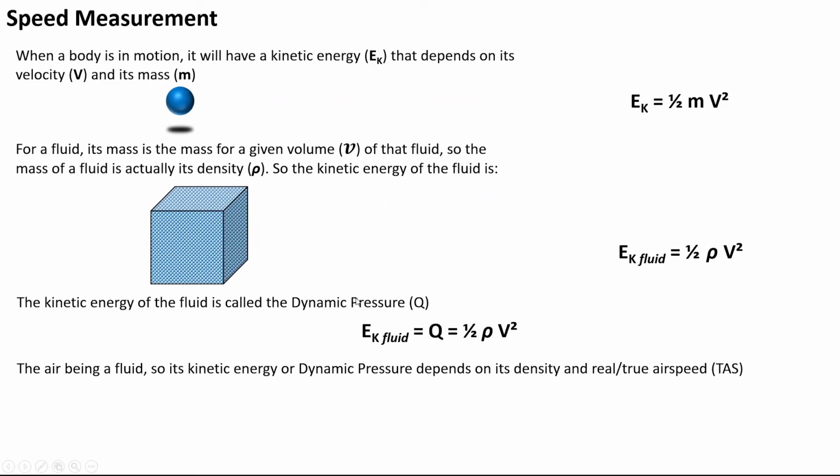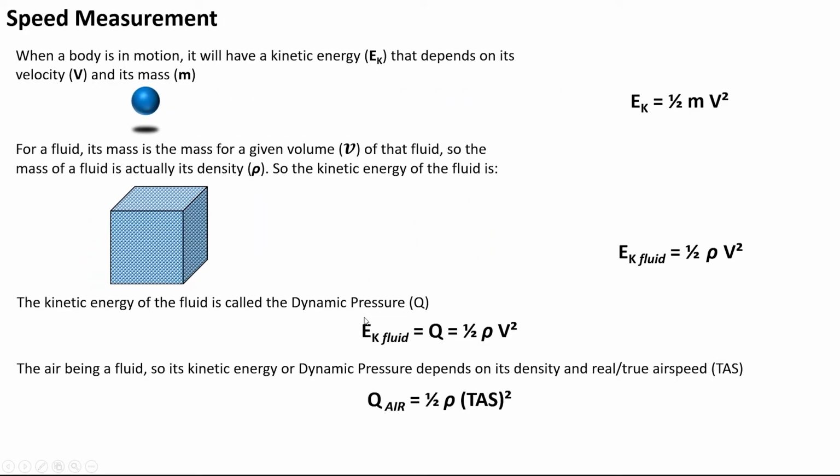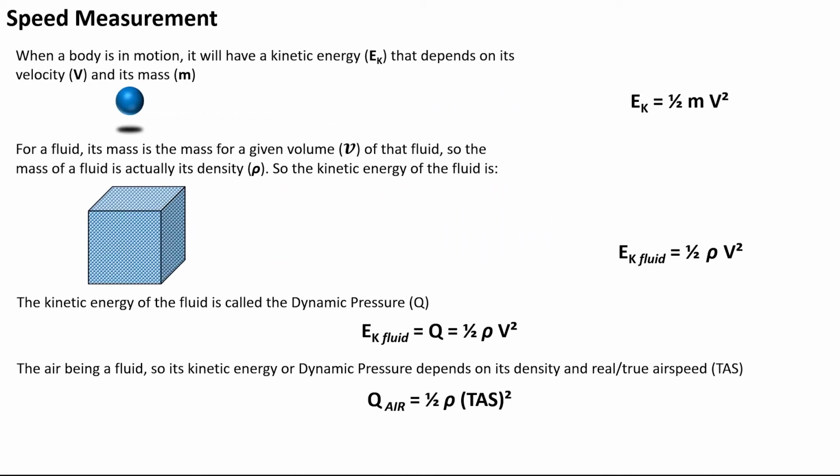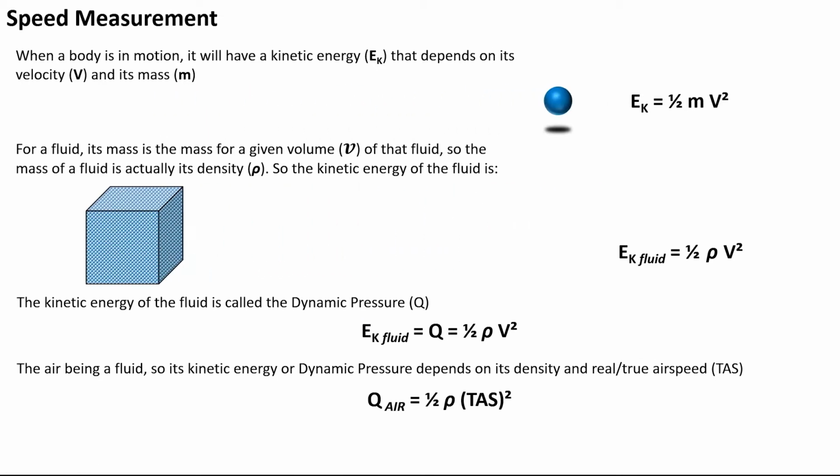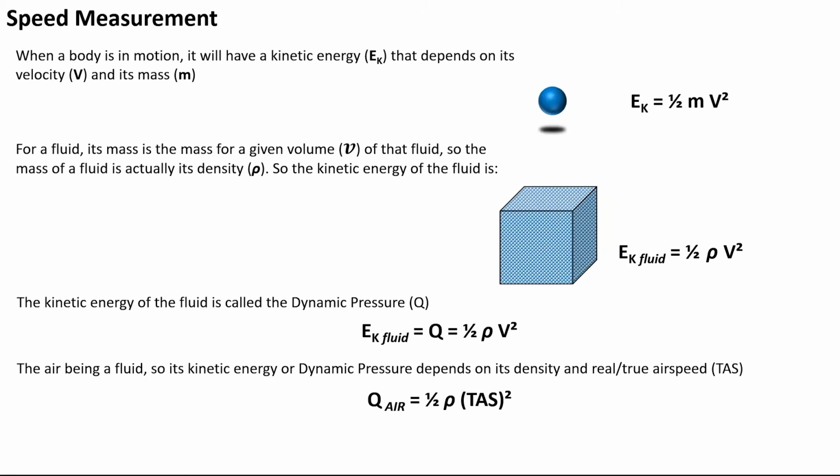But here, for the first time, I don't want to speak about the speed of the air, but about the true speed of the air, the true airspeed. I know that this sounds a bit ridiculous, but since we are trying to find the relationship between the indicated airspeed, what is indicated in the cockpit on the instruments, and the real speed of the air, the true airspeed, I want to rewrite this equation as: the dynamic pressure of the air, the kinetic energy of the air, is equal to half multiplied by the density of the air, multiplied by not the speed of the air, but the true airspeed.